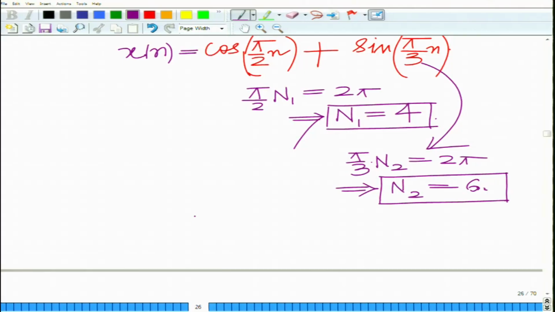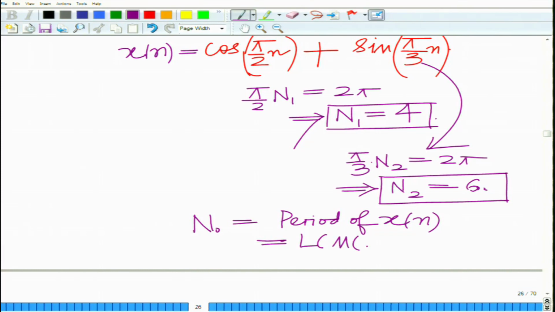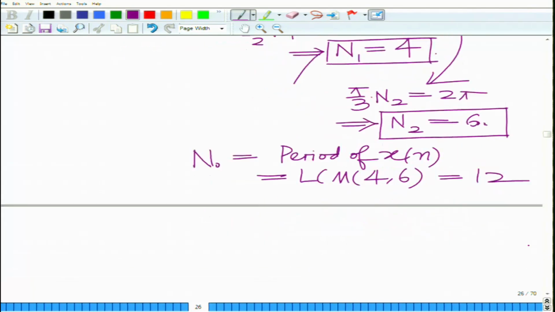So, the fundamental period of this sum signal is n naught, which is the LCM of 4 and 6, which is 12. So, n naught equals period of x n equals LCM of 4 comma 6, which is 12.